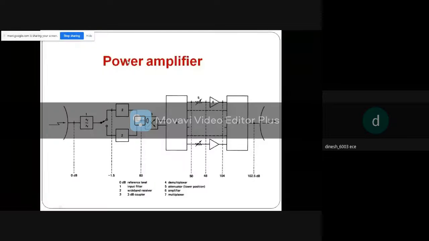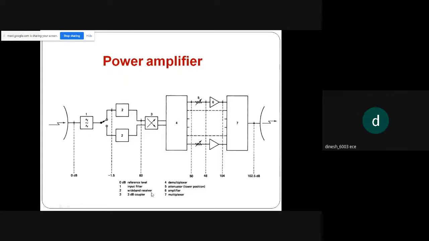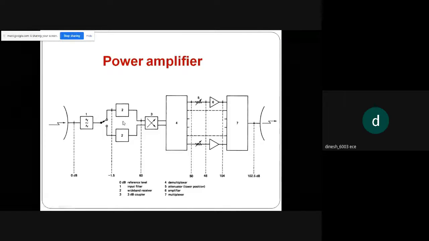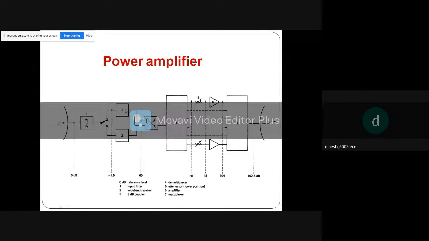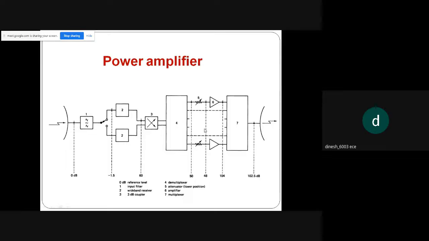Next is your power amplifier. So what happens in the power amplifier is that the signal obtained into the system, where one is your input filter, 2 is your wideband receivers, 1 is your receiver, another one is your redundant receiver, and 3 is your 3 dB coupler, 4 is your demultiplexer, 5 is your attenuator for lower positioning, 6 is your amplifier, 7 is your multiplexer again.